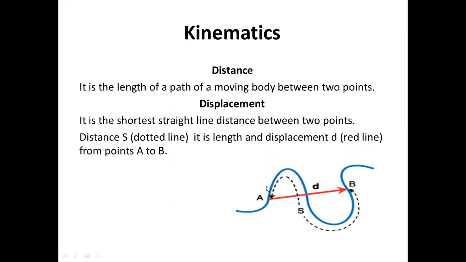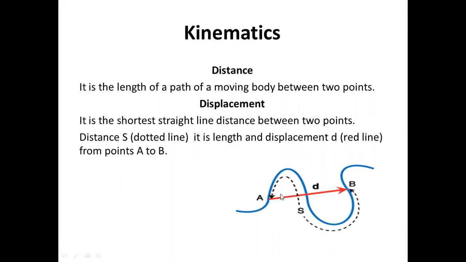Now, what is the distance traveled by this body, and what will be the displacement? Distance will be the length of the path followed by the body between the 2 points, and it is shown by the dotted waveform line, which is the length of the path followed by the moving body.